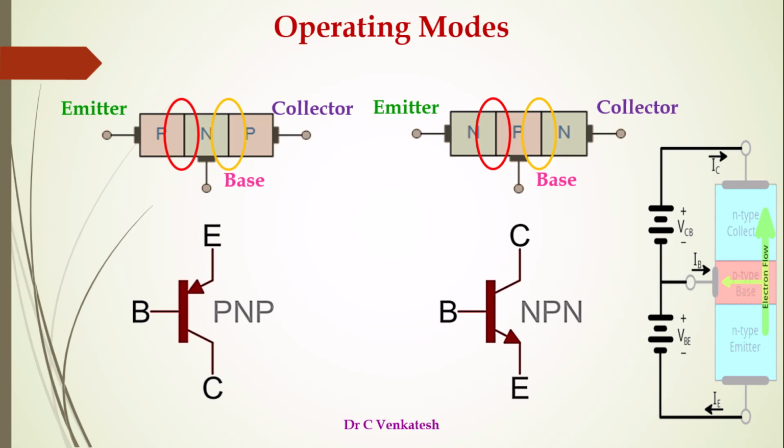The two junctions are the base junction between emitter and base, and the collector junction between base and collector. Based on the biasing types, bipolar transistors have the ability to operate within four operation modes.